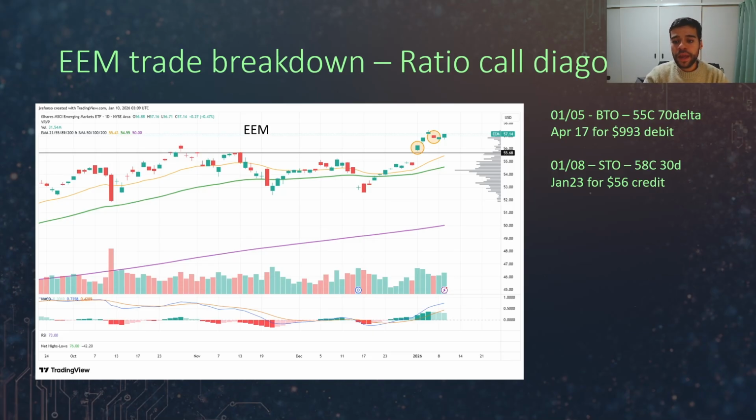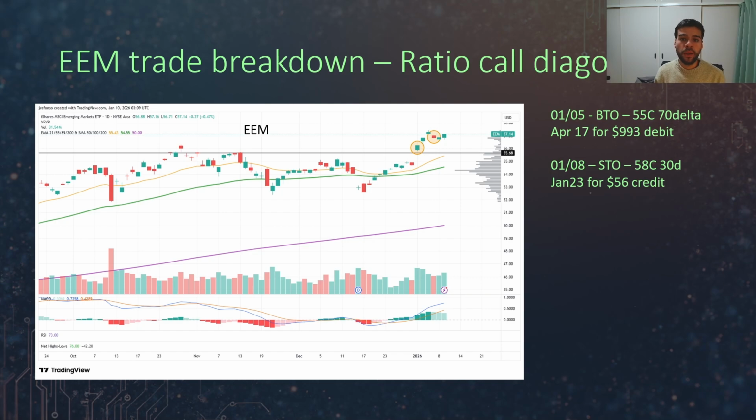Then on January 8th, as you can see, it rallied on the 5th, it rallied on the 6th, it rallied on the 7th, and then on the 8th, it had a red candle, it closed lower, so I felt, okay, it's time maybe to add some shorts, to cover a bit my downside potential, to start getting some credit out of this.